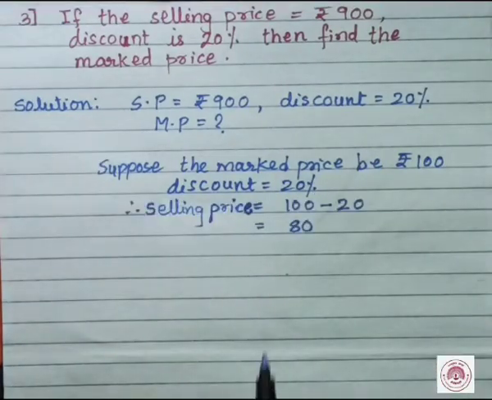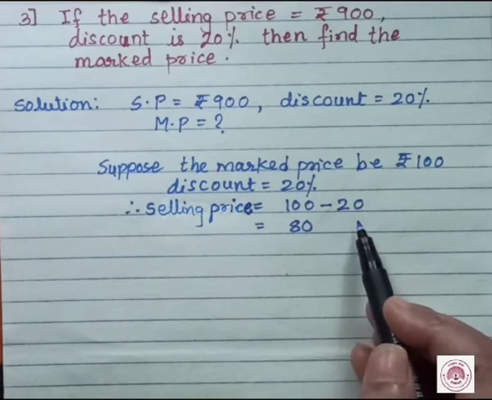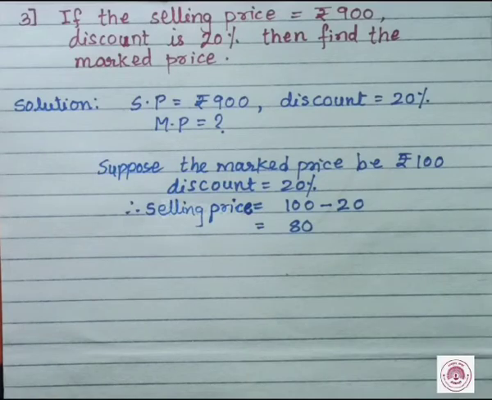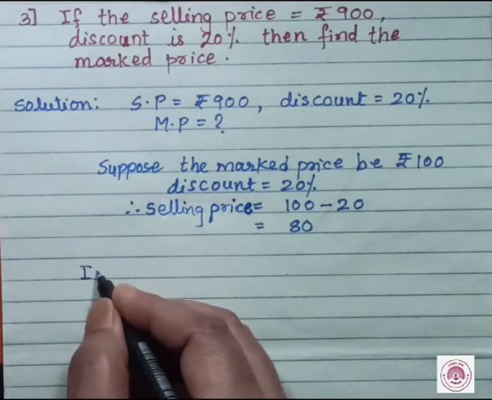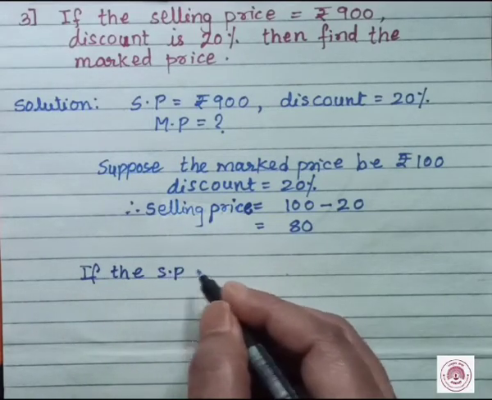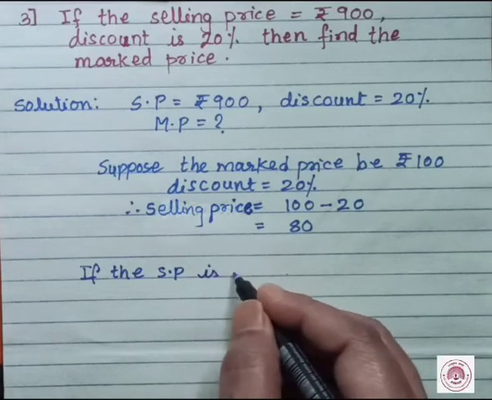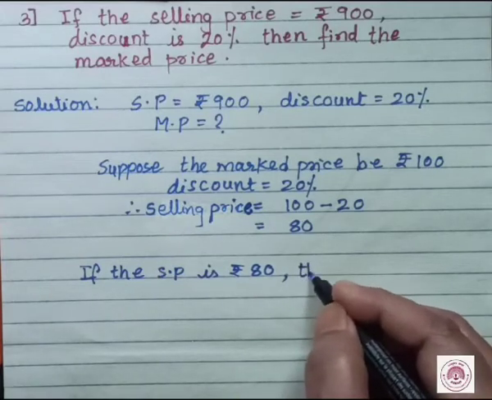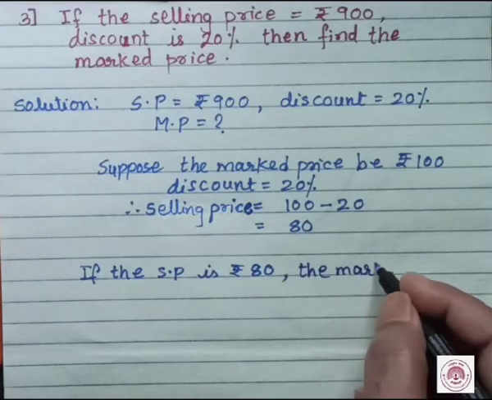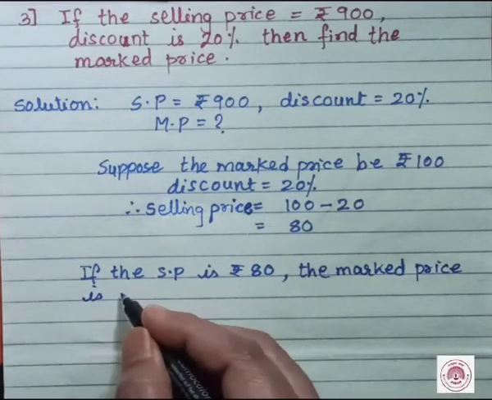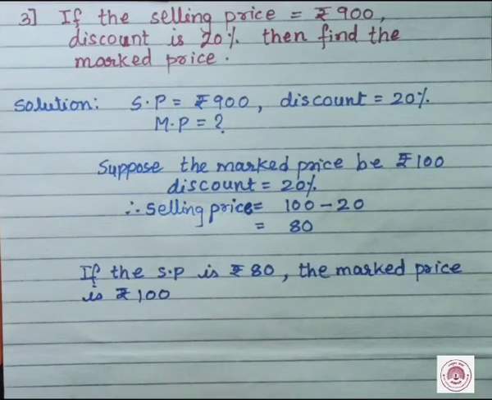So therefore selling price equals to 100 minus 20, which is equal to rupees 80. Okay. Now if the selling price, that is SP, is rupees 80, the marked price is rupees 100. Okay.